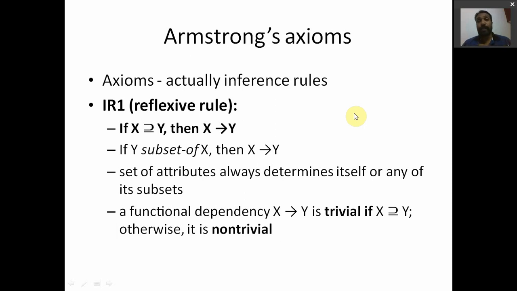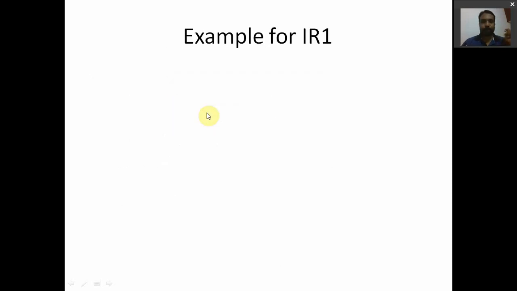So x to a should be a non-trivial functional dependency. So if y is a subset of x, or if x is a superset of y, then it is trivial. Otherwise, it is non-trivial. We will see this reflexive rule with an example.